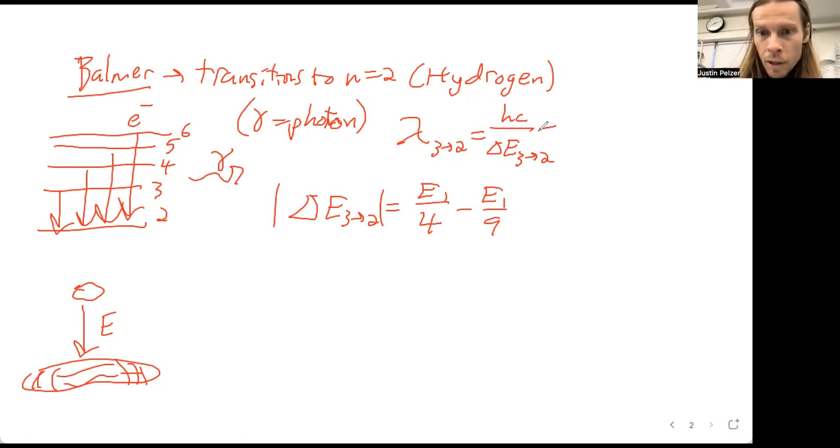So either way, we get that this is going to be E1 over 4 minus E1 over 9, which is 5/36 of E1, which gives me 3.028 times 10 to the negative 19 joules.